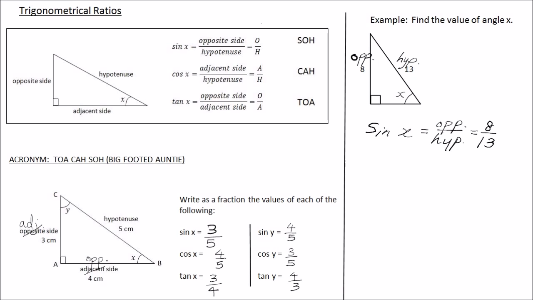Now let's use our calculator to find the value of 8 divided by 13. We should get the value 0.6154 when rounded to 4 decimal places.